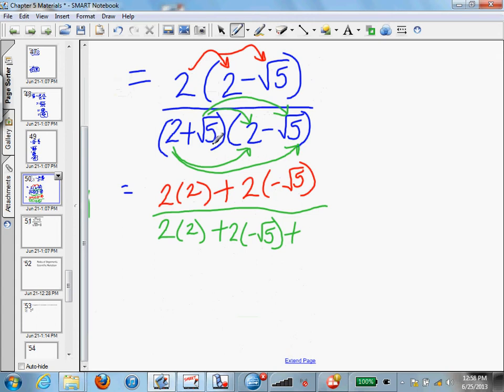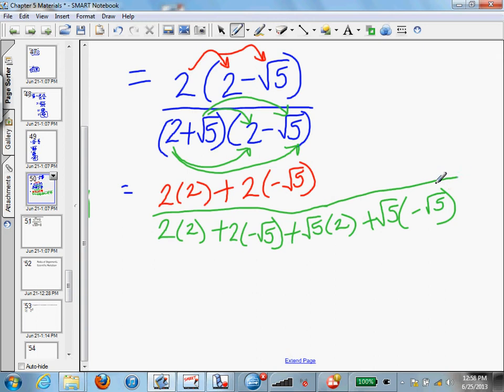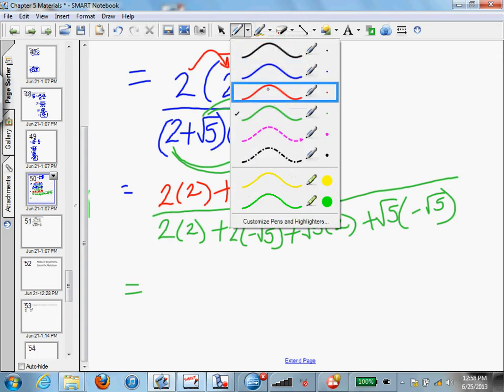So we're going to FOIL this term now. So we have square root of 5 times 2 plus square root of 5 times negative square root of 5. Let's go through and simplify.